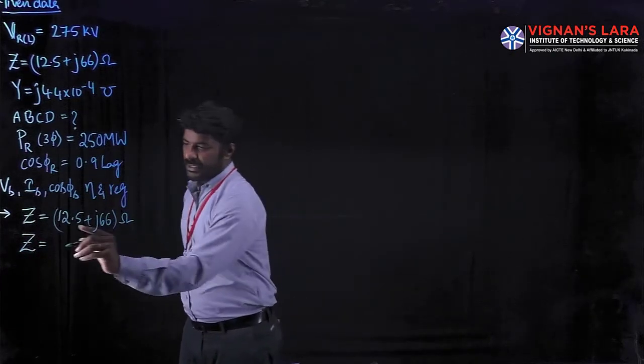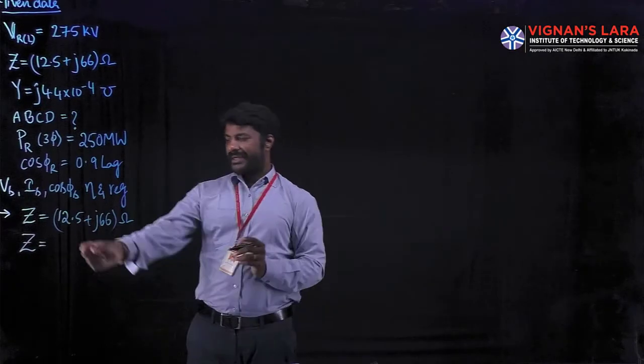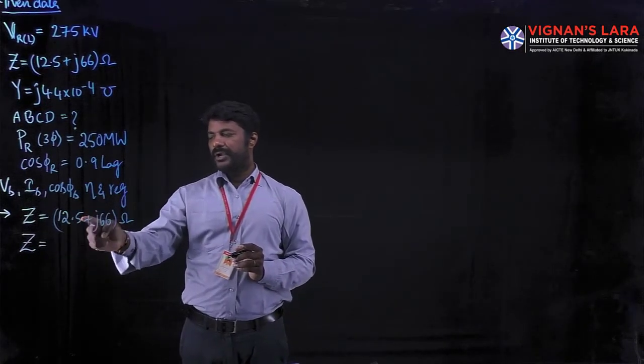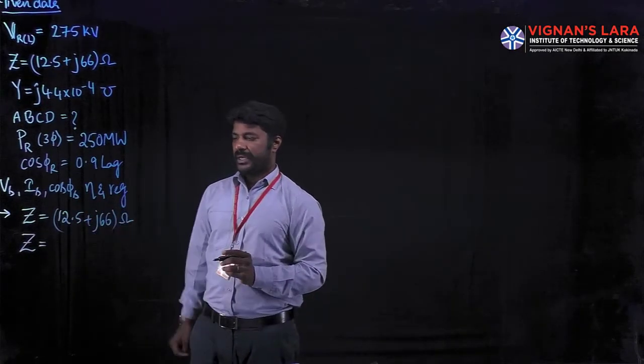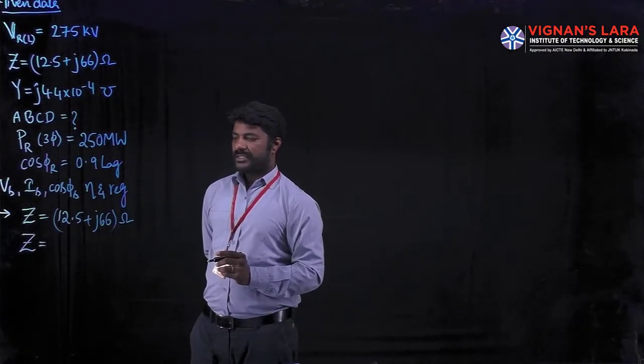What is polar notation? Magnitude. What is magnitude? Square root of 12.5 square plus 66 square. Root of a square plus b square is the magnitude.